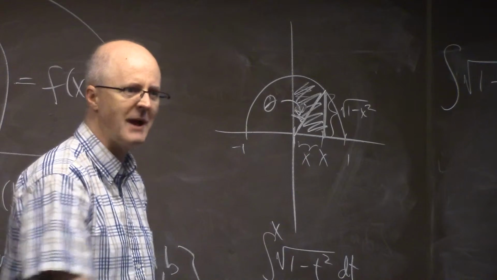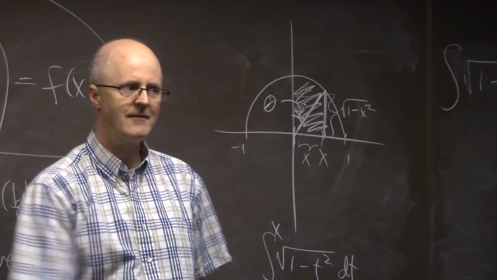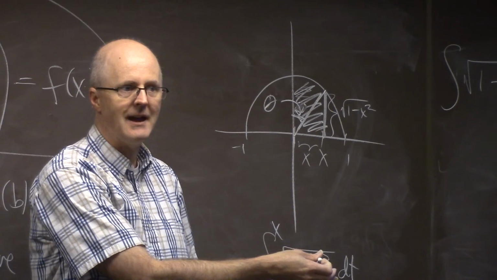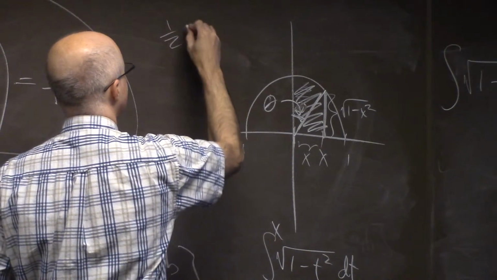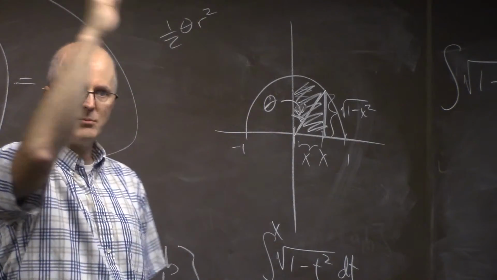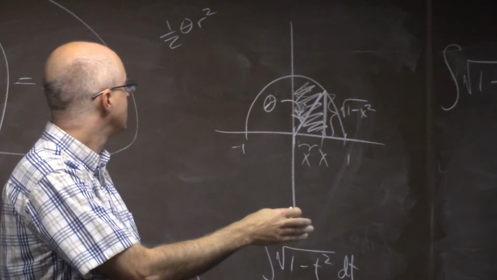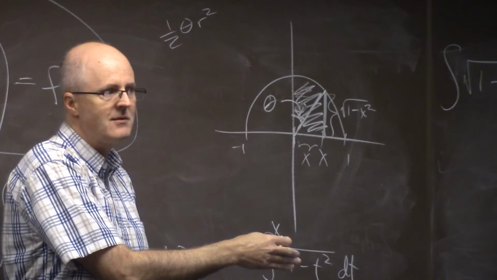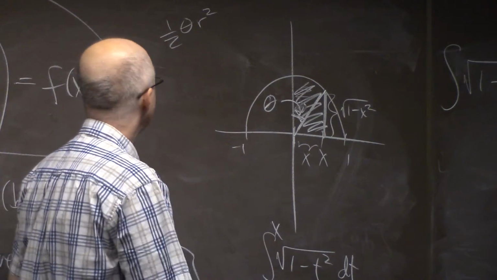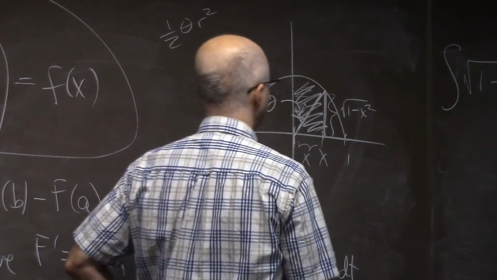This should make sense if you imagine theta is 2 pi. Then the area would be pi. And in general, since the area is 1/2 theta r squared, if you use theta equals 2 pi for an arbitrary circle, you get an area of pi r squared. But r is 1 here. That area is 1/2 theta.